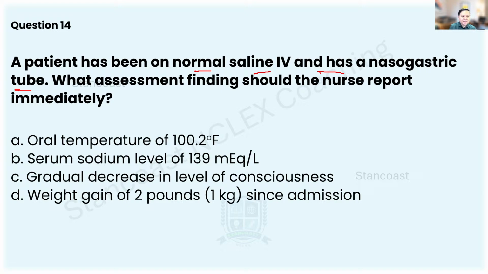Your patient is getting normal saline IV infusion, and they have a nasogastric tube. Remember about that nasogastric tube. This can potentially cause the drainage of those important electrolytes. And you are also administering the normal saline. Which of those would take higher priority?